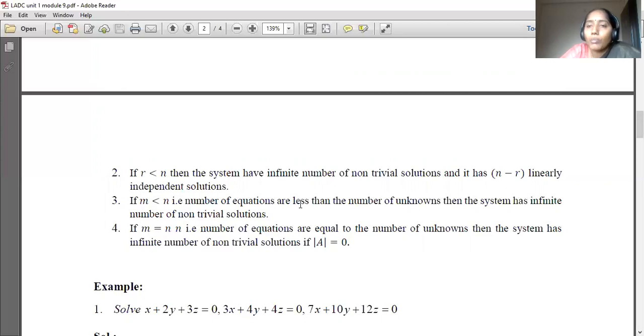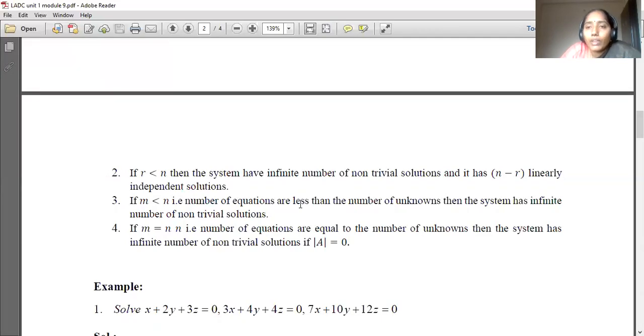Based on these points, we will look at what type of solution exists for a homogeneous system of linear equations. Once again, we recollect the points. If r equals n, that means the rank of A equals the number of unknowns, then the system has only the trivial solution. If r is less than n, then the system has infinitely many non-trivial solutions.